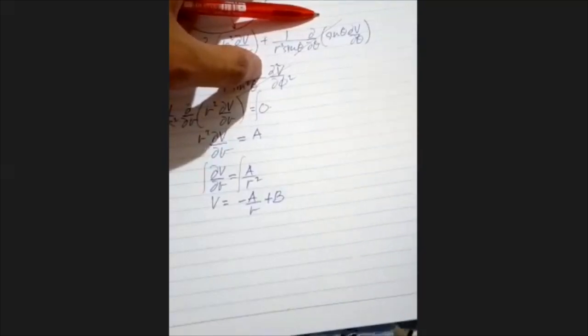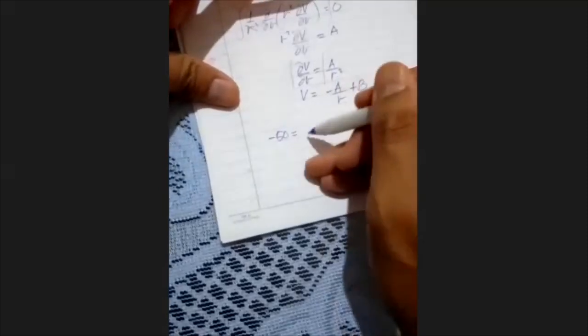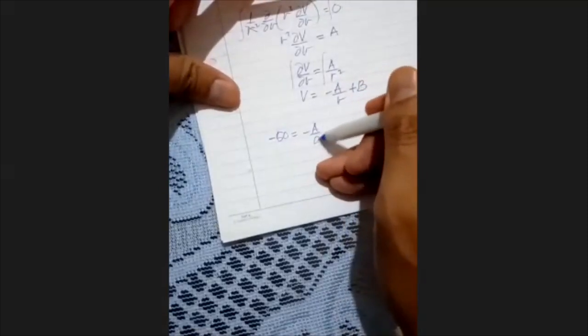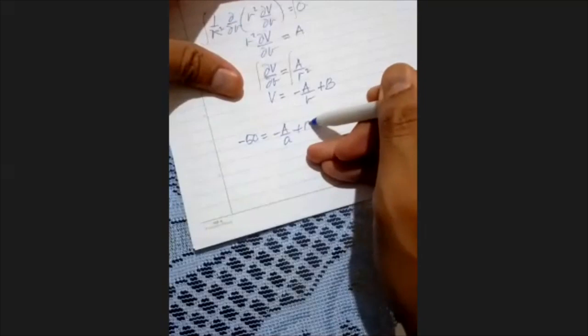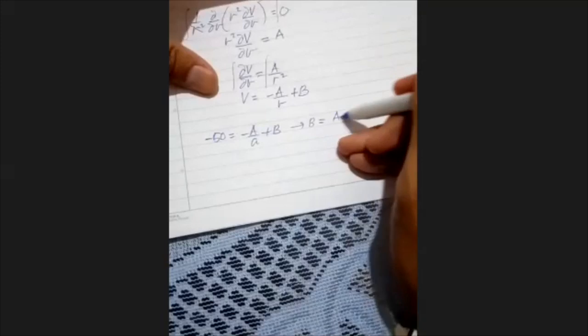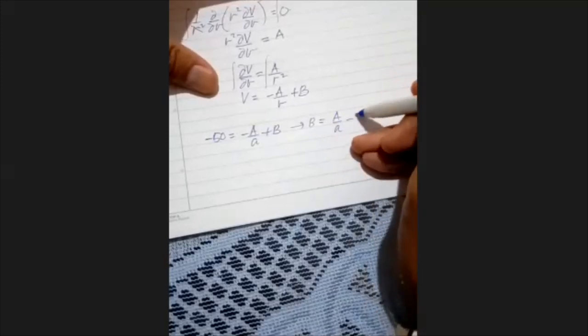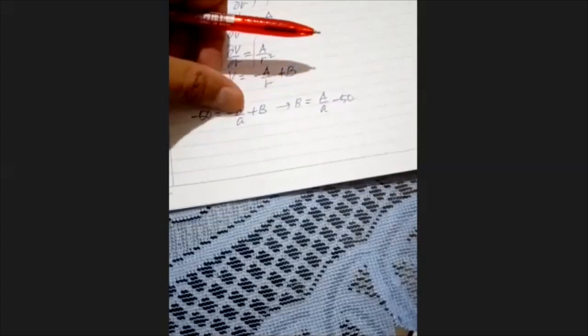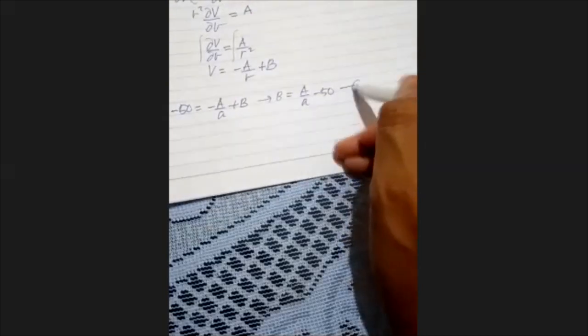So put it here: negative 50 equals negative a over a, where a here is your 0.5 meter, plus b. So what is your b, guys? We have b equals a over a minus 50. So bring this a over a to the left hand side, so it is positive. This is going to be our first equation.